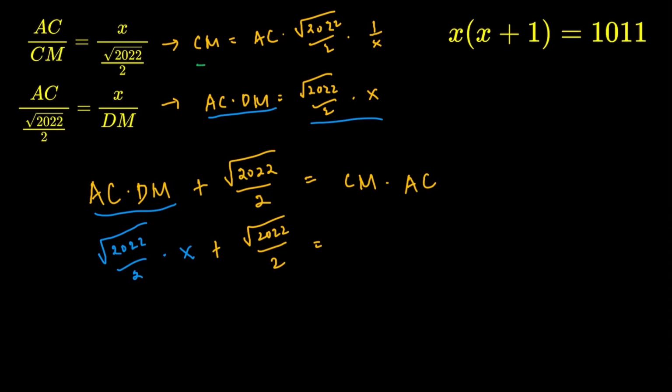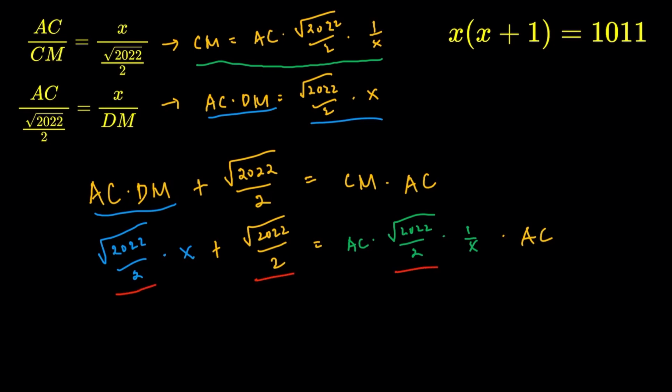Now we do have an expression for CM, not the prettiest thing in the world, but we could work with that. So AC times the square root of 2022 divided by 2 times 1 over x, and then times another AC. Now, I see that we have a lot of square root of 2022 divided by 2's. We could cancel that out nicely.